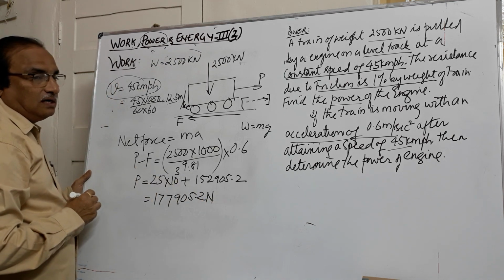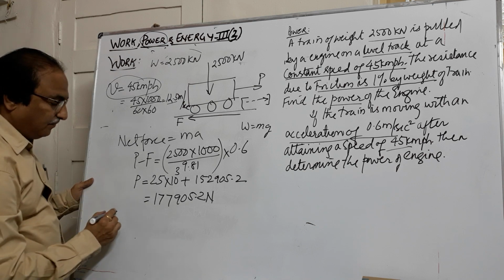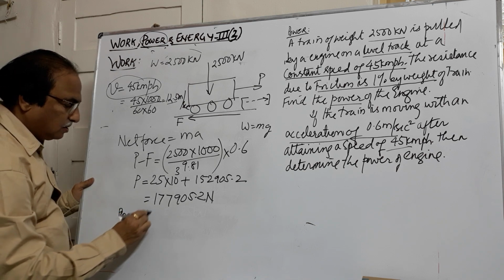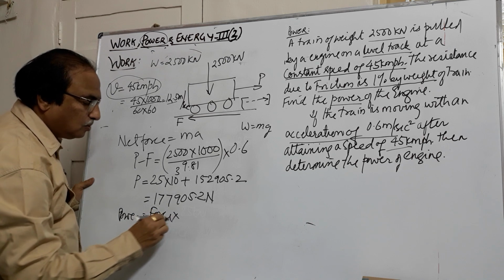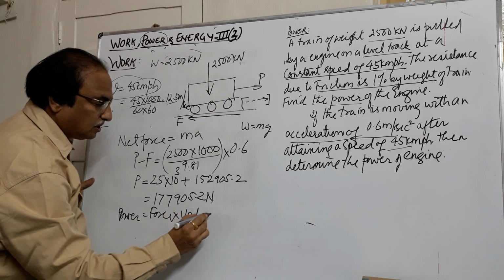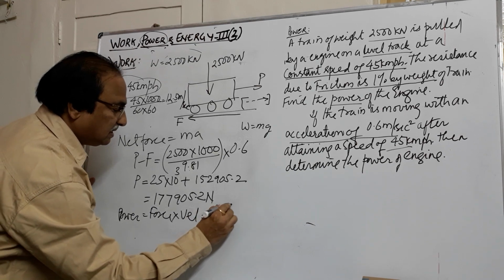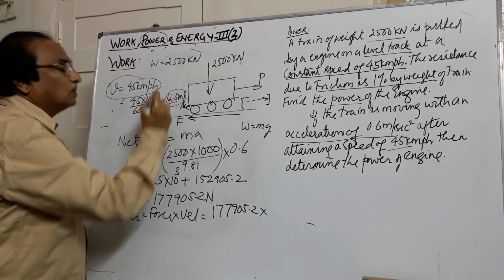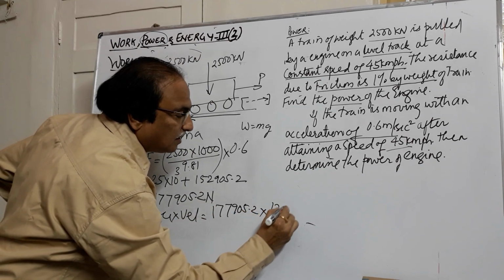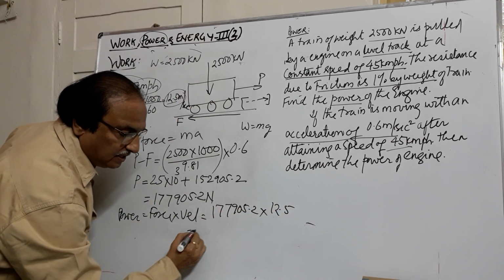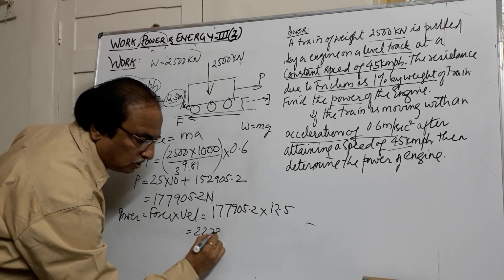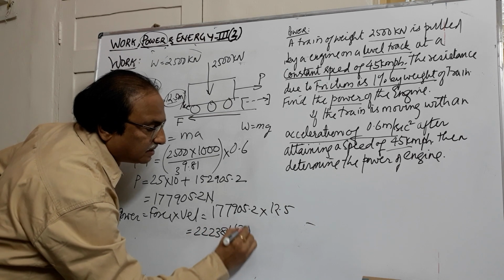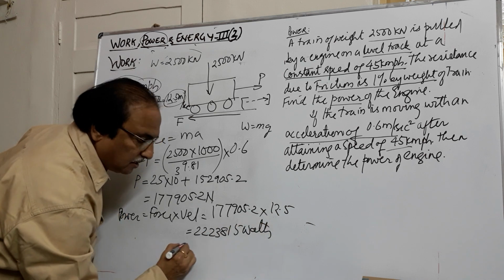Now this is the force that is applied, and we know power is equal to force into velocity. So this will be equal to 177,905.2 into velocity is 12.5 meter per second, and if you simplify this, you get 2223815 watts.